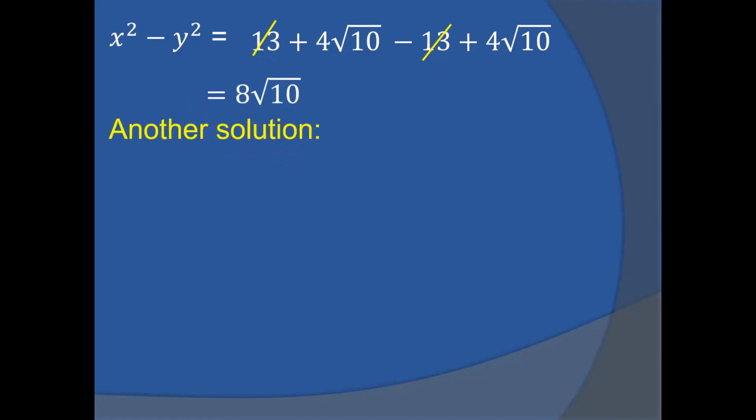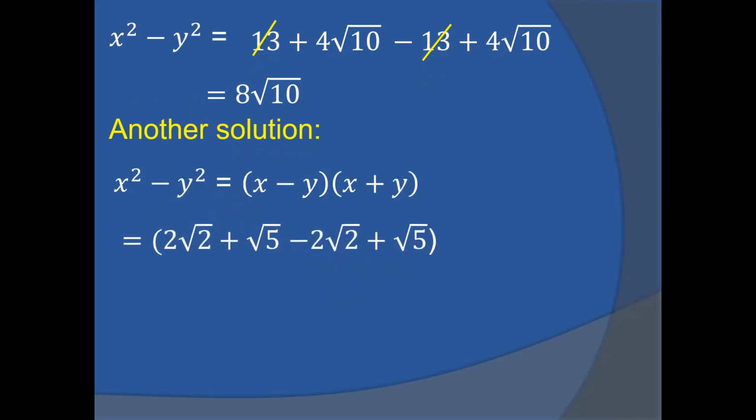Another solution: x power 2 minus y power 2 can be factorized as x minus y multiplied by x plus y. X minus y is 2 root 2 plus root 5 minus 2 root 2 plus root 5. 2 root 2 cancels with 2 root 2, so root 5 plus root 5 is 2 root 5.